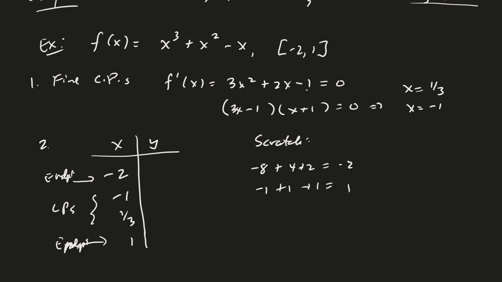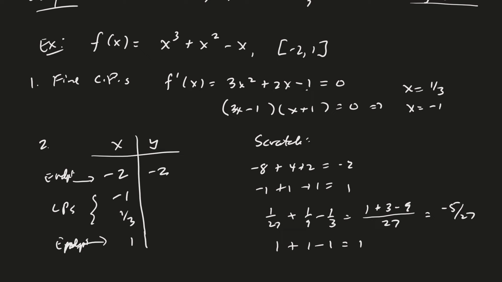If I plug in 1/3, I get 1/27 plus 1/9 minus 1/3. Rewriting that over 27, that's 1 plus 3 minus 9, which is -5/27. If I put in 1, I just get 1 plus 1 minus 1, which is 1. So -2, 1. That probably wasn't too entertaining to watch me do arithmetic.